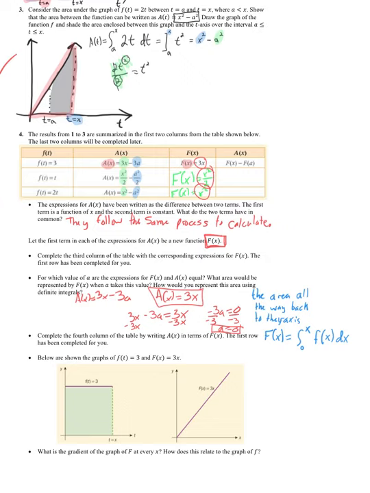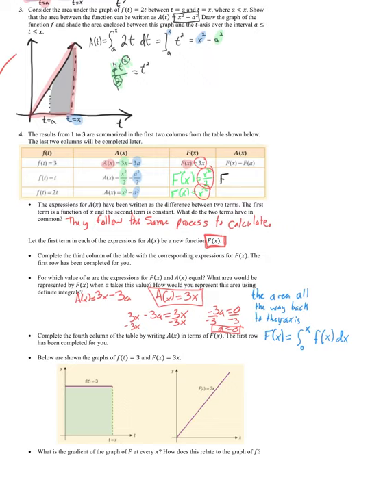Okay, now, the last part says, complete the fourth column on the table by writing A of x in terms of F of x. The first row has been completed for you. So you're writing A of x in terms of F of x. And for this one, hopefully we see a pattern.